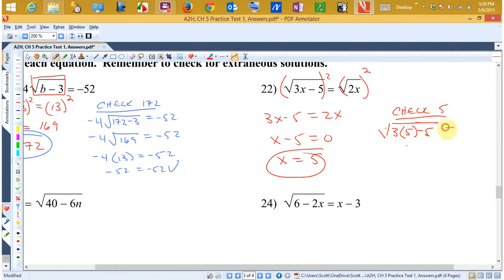Is that equal to the square root of 2 times 5? So over here, I'm going to have 15 minus 5. Is that equal to the square root of 10? Square root of 10 equal to the square root of 10. Yeah, that checks, so x equal to 5 is a good answer.